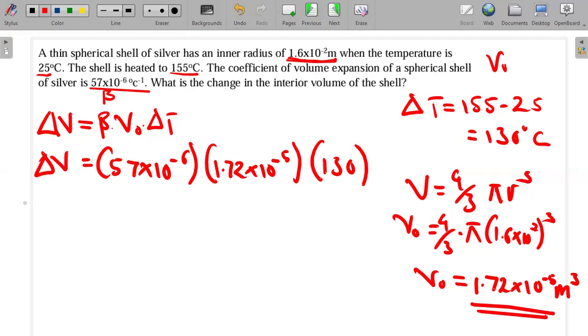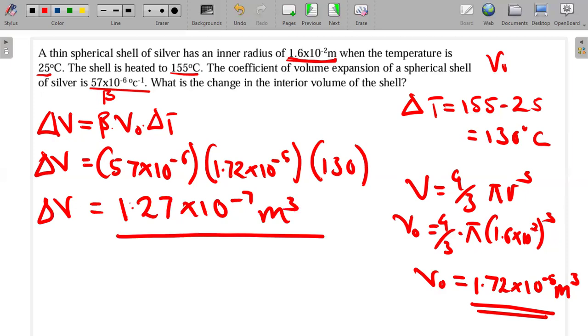So our change in volume, when I plug this into my calculator, is going to be equal to 1.27 times 10 to the power minus 7 cubic meters. That is going to be our change in the interior volume of this spherical shell.